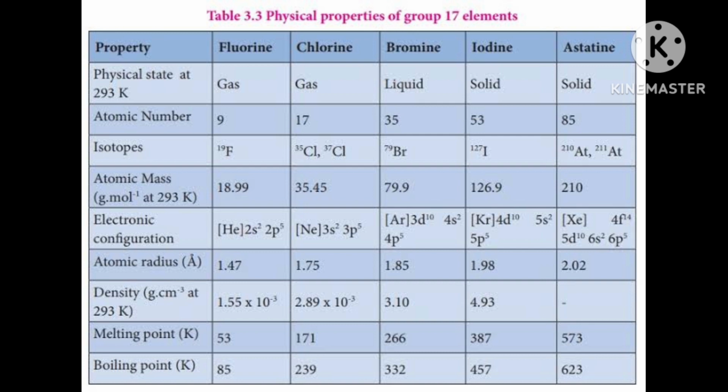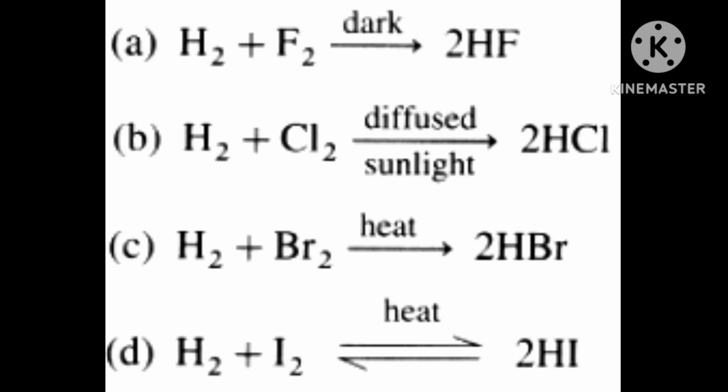Due to the small and strong bond formed by it with other elements, it forms only one oxoacid. This question is asked. Fluorine forms only one oxoacid, while other halogens form a number of oxoacids.